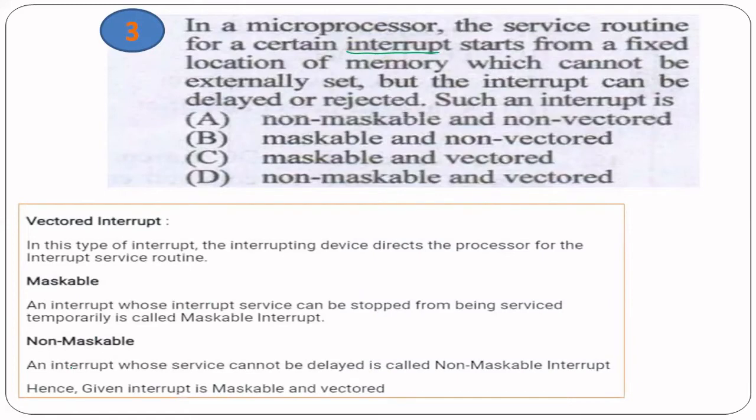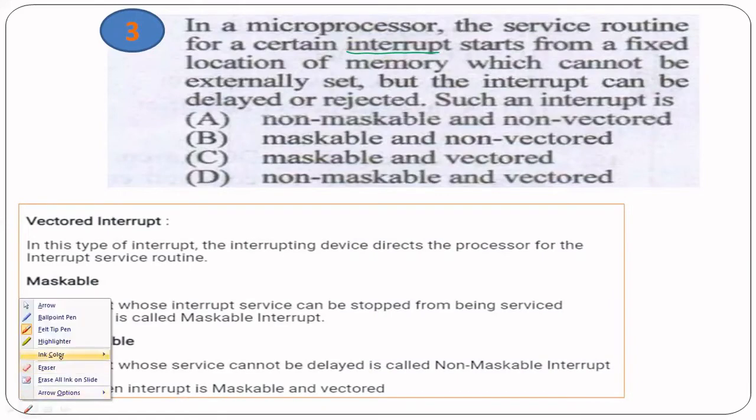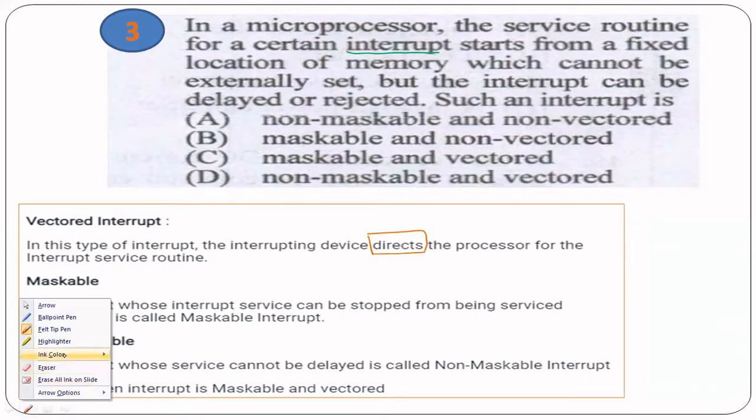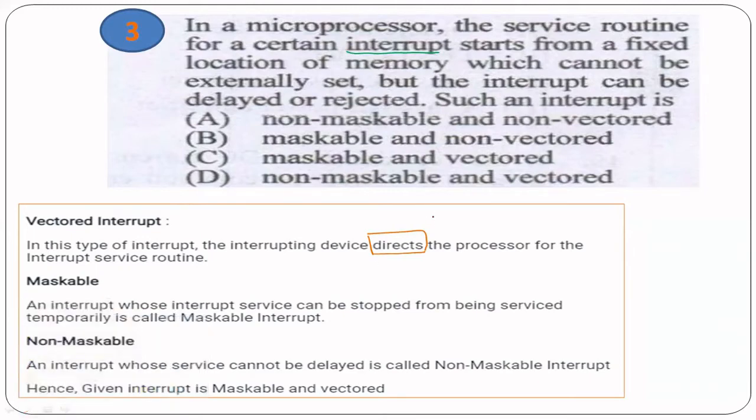The meaning of vectored is that there is a certain standard, the interrupt directs the processor to the interrupt service routine. Since it is directing to the interrupt service routine, there is a fixed direction.